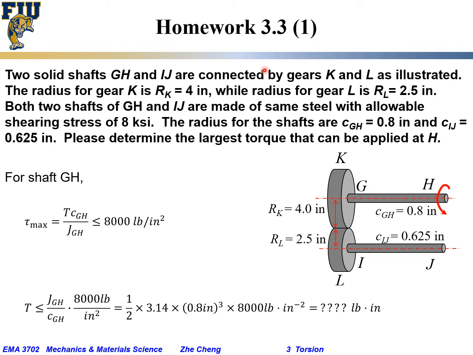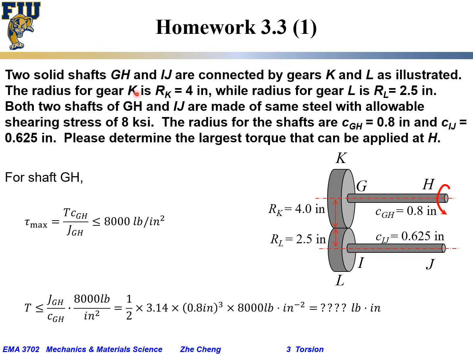Homework 3.3. Two solid shafts GH and IJ are connected by gears K and L as illustrated. So two shafts GH and IJ. GH is connected to gear K and IJ is connected to gear L, and the gears bite into each other, K and L. Okay.